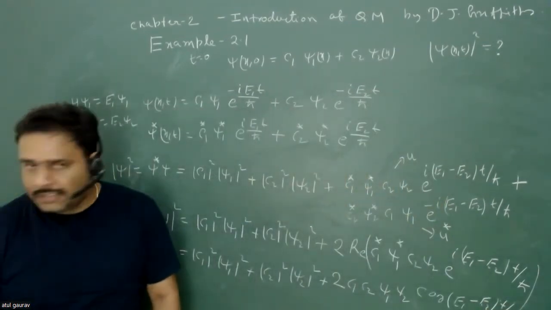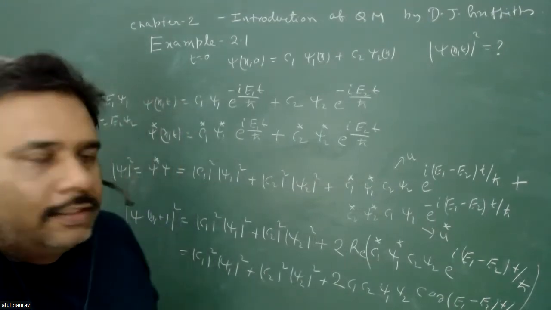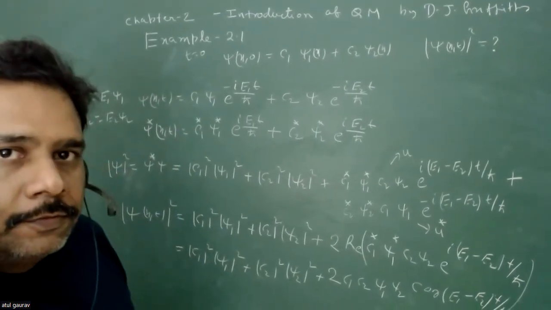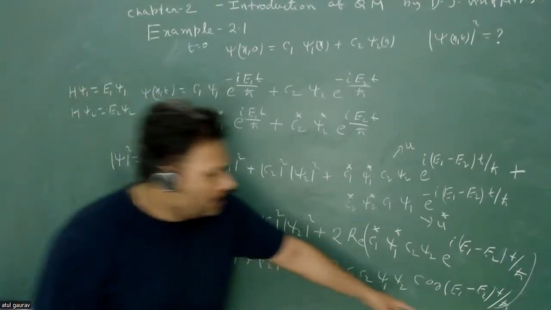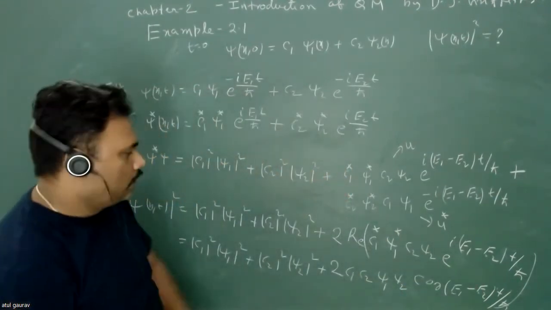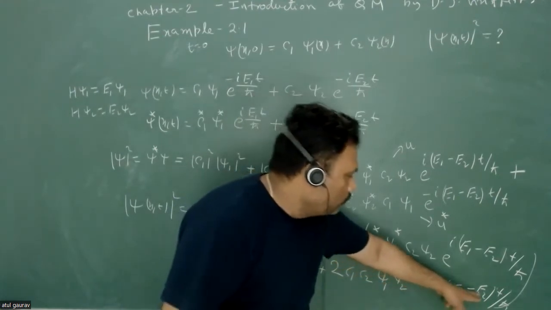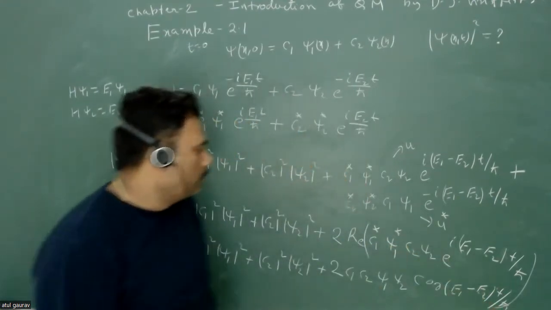You can see this particular thing is written like this. You can also write it as cos (E2 minus E1) t upon h cut. There is no problem.